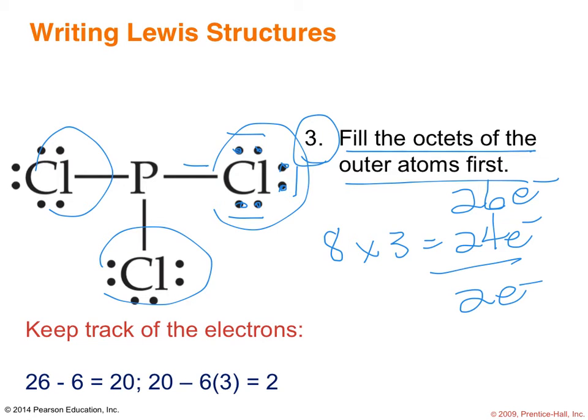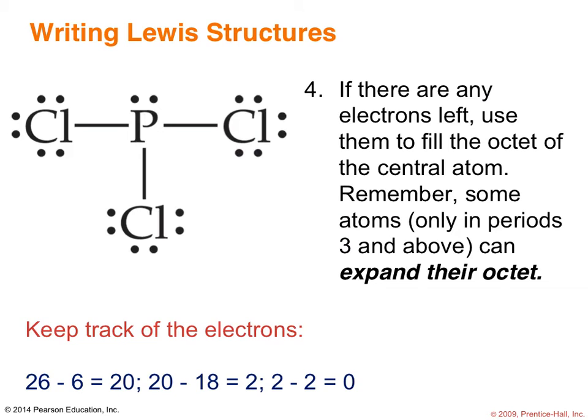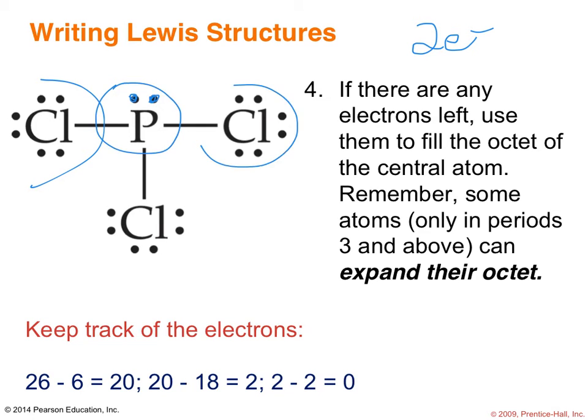That takes us to step 4. If you have electrons left over, in this case 2 electrons, place them on the central atom. That's what I've done here. If at this point all of the atoms have an octet, you're done. That's the case here. This is the correct Lewis structure for phosphorus trichloride.